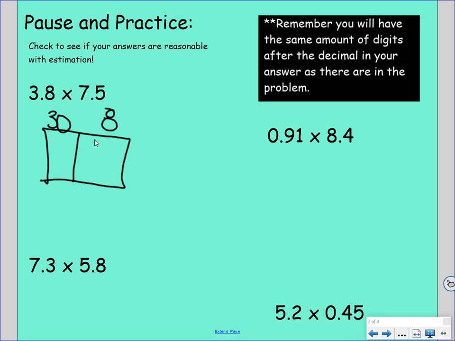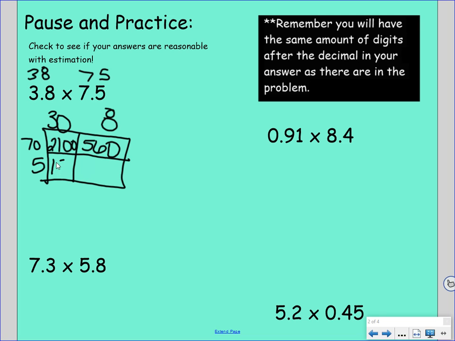Because I am completely ignoring the decimal, and I'm acting like this number is 38. Here, I'm acting like this one is just 75. Again, I only have two digits, so we have a 70 and a 5. And when I multiply 7 times 3, that's 21, but I need to put my two zeros in my answer. For this box, 8 times 7, because I ignore the 0, that's 56, and then I put my 0 back on my answer.